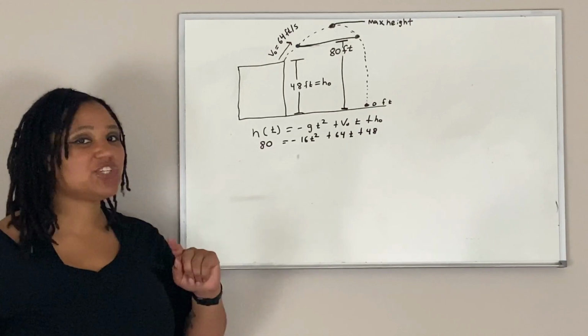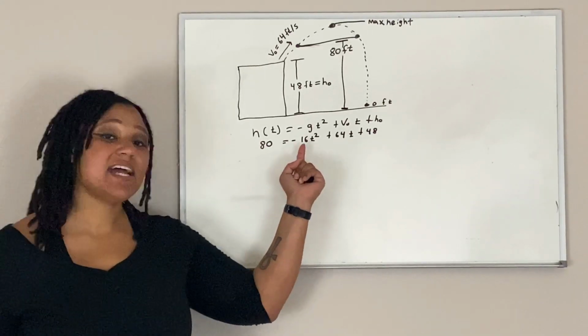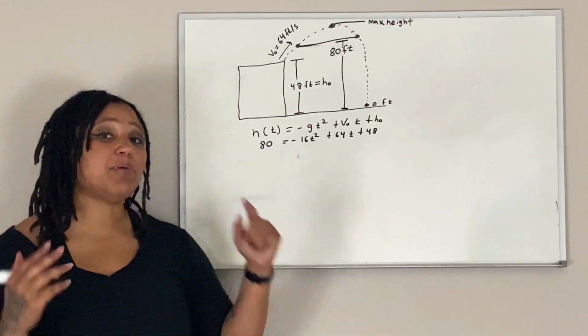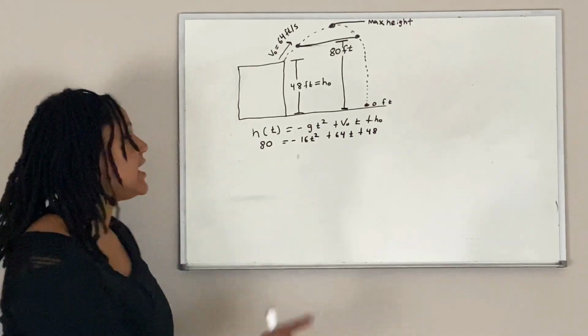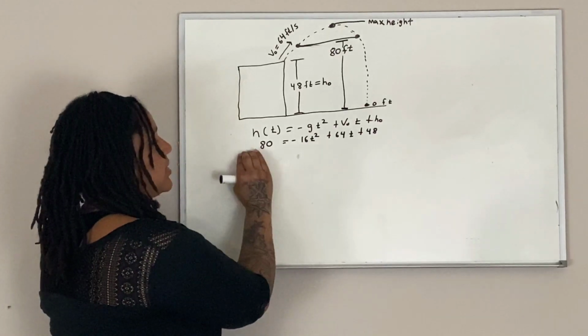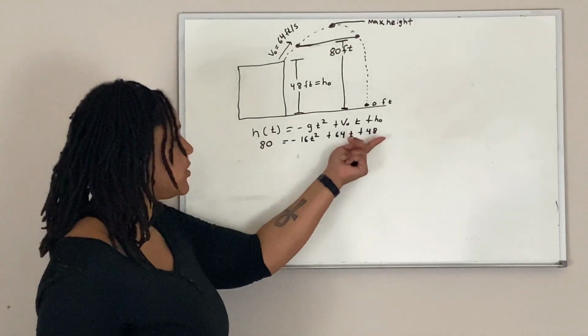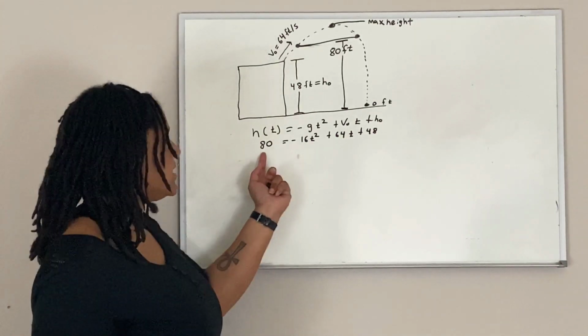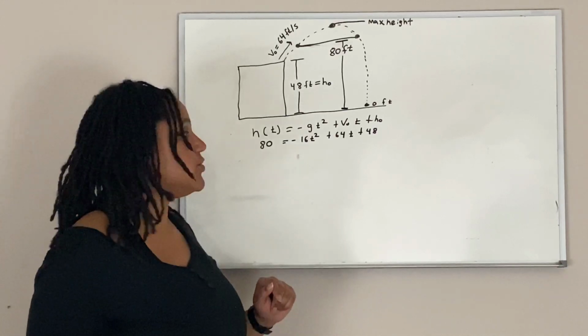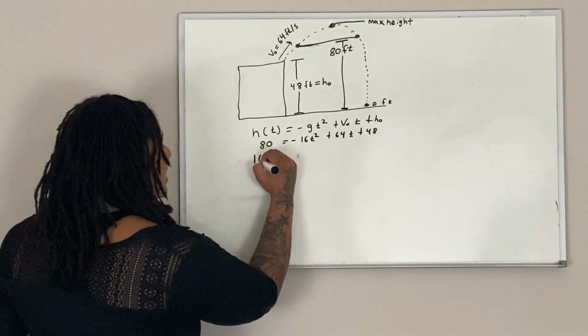My first initial reaction is to make the number that's attached to the highest degree a positive number. And in order to do that, I'm going to need to bring everything over to the other side. Okay, so if I just swap and I take this equation, bring it over to the other side and take the 80 and bring it over to the right side, then I can rewrite this equation as follows.